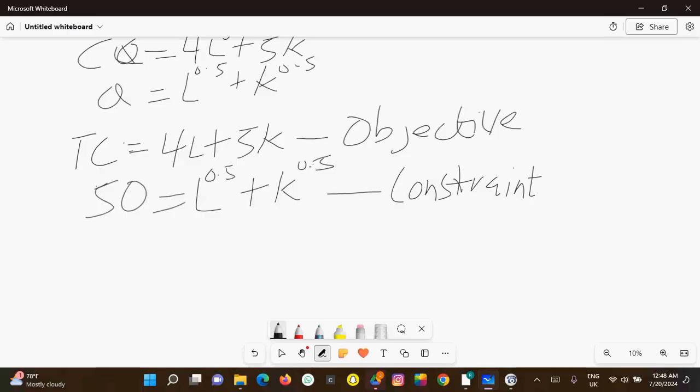But before you do that, because your constraint has 50 at the back, you are going to bring 50 inside. So let's rearrange the constraint. So now your constraint will tend to L, right, raised to the power 0.5.